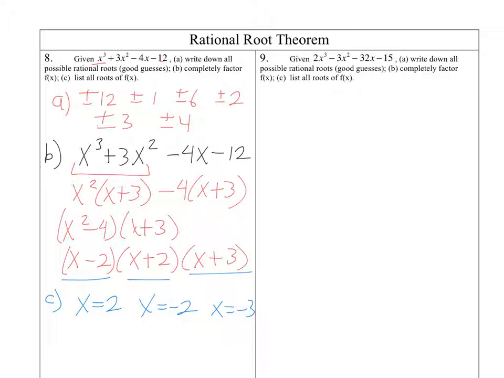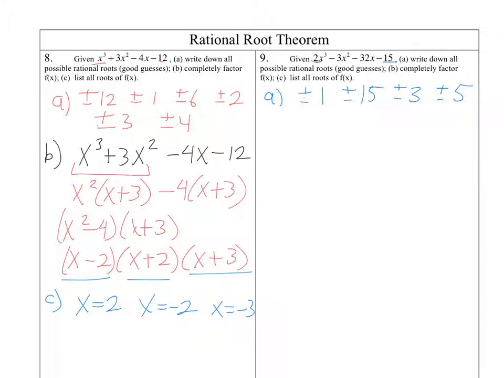Number 9, we're going to take a look at this again. A, we're going to find the possible rational roots. It's going to be factors of 15 divided by factors of 2. So we've got plus or minus 1, plus or minus 15. 2 doesn't work. 3 is plus or minus 3, and plus or minus 5.